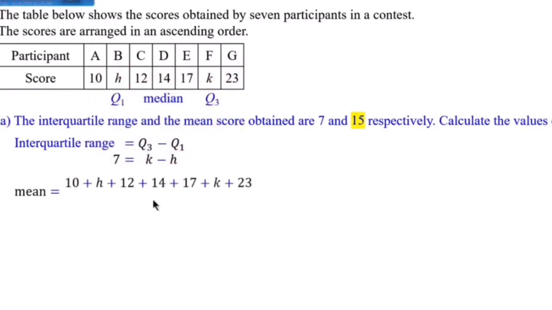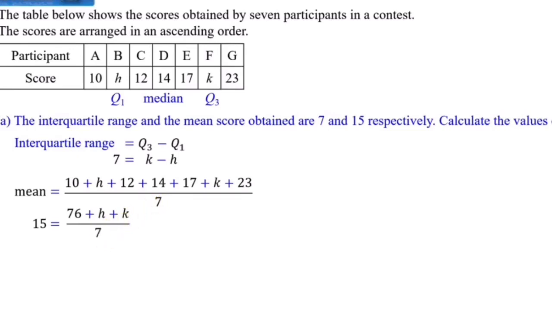There are 7 participants. So we will substitute 15 because the mean was given, and we will simplify: the number 76 plus H plus K over 7, and then we will cross multiply. 15 times 7 is equal to 76 plus H plus K.